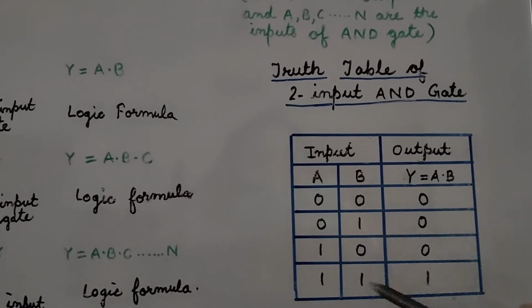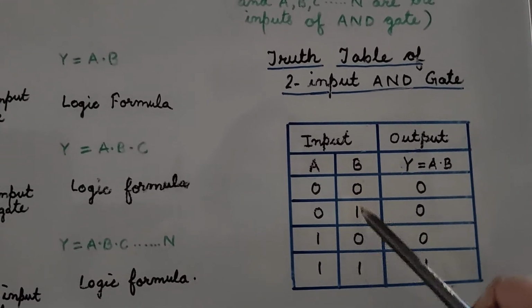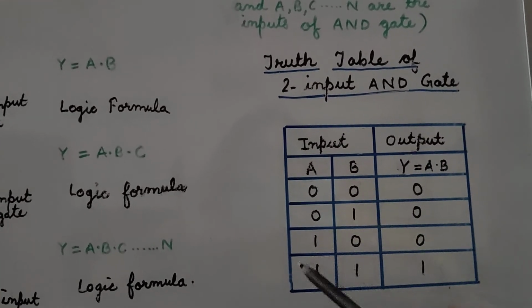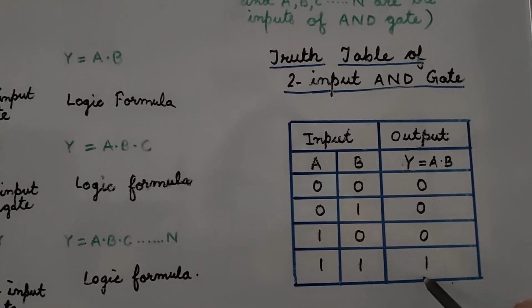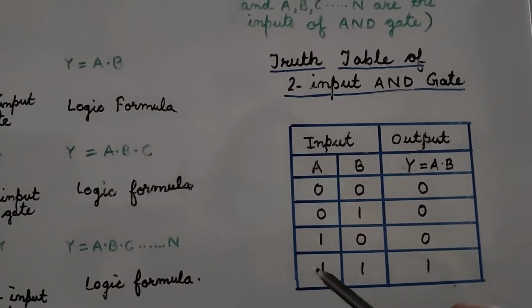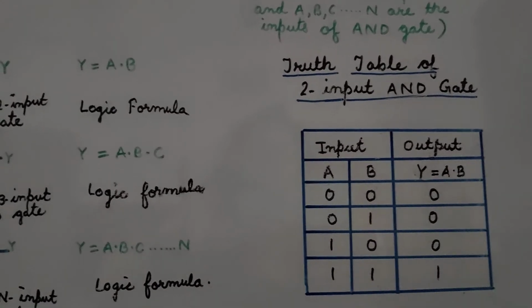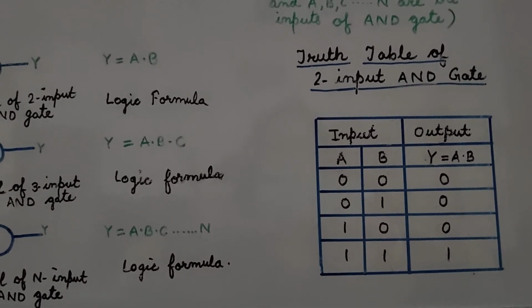In a similar manner, we can draw the truth table of 3 input AND gate, and in case of 3 input AND gate also we will find that the output of the AND gate will always be 1 only when all the values of the inputs are 1.